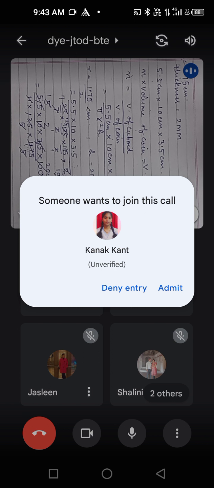200 into 2, that will give you 400. Total how many? 400 coins will be required to be melted to form a cuboid of this given shape. Right?